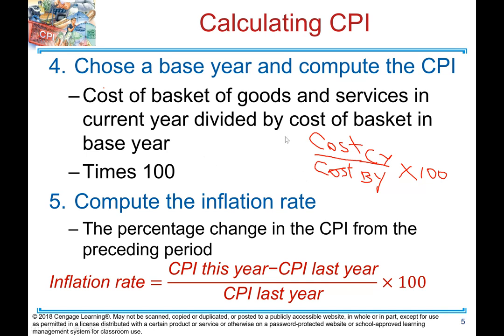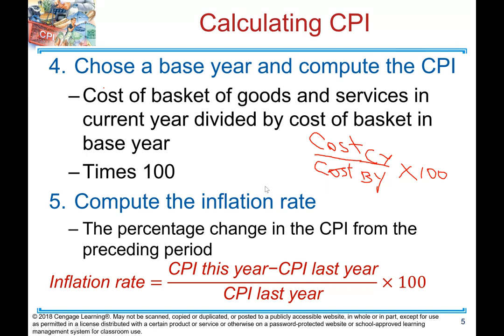That will give you the CPI. In long, you read it: cost of basket of goods and services in the current year, that is the numerator in this fraction, divided by the cost of the same basket in the base year, and that is what goes in the denominator, times 100.